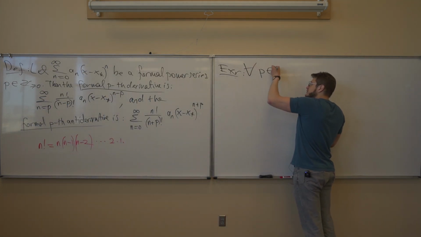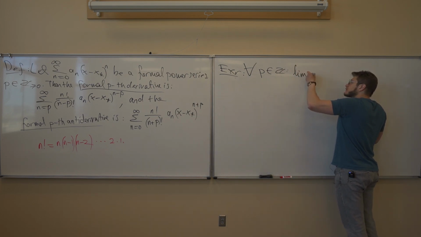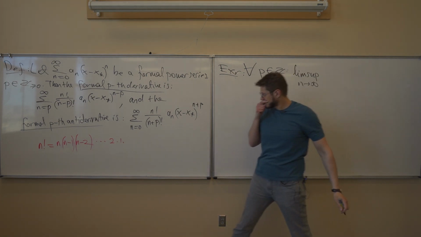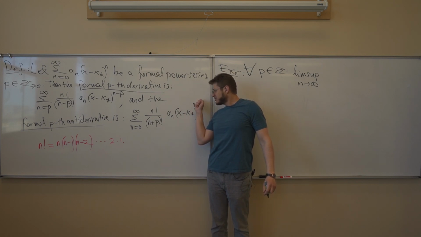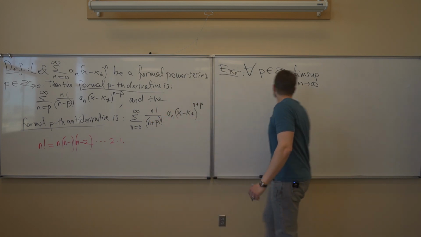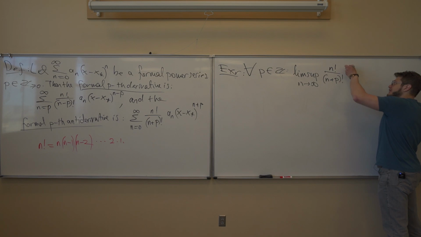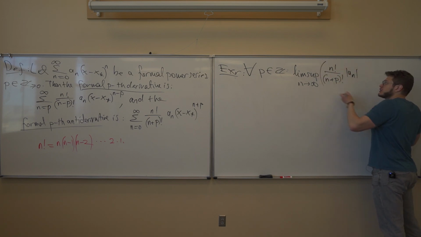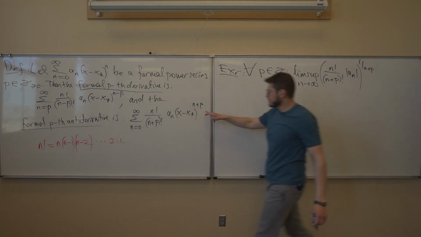For any integer p, the limsup as n goes to infinity of the root of this, but I should be taking the n plus p roots of this expression. So n factorial divided by n plus p factorial times a sub n in absolute value, raised to the power 1 divided by n plus p. So this is the radius of convergence, for instance, both for this and this.